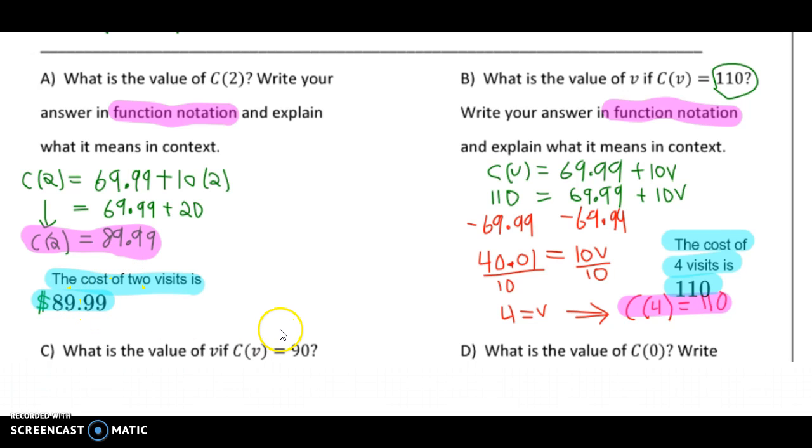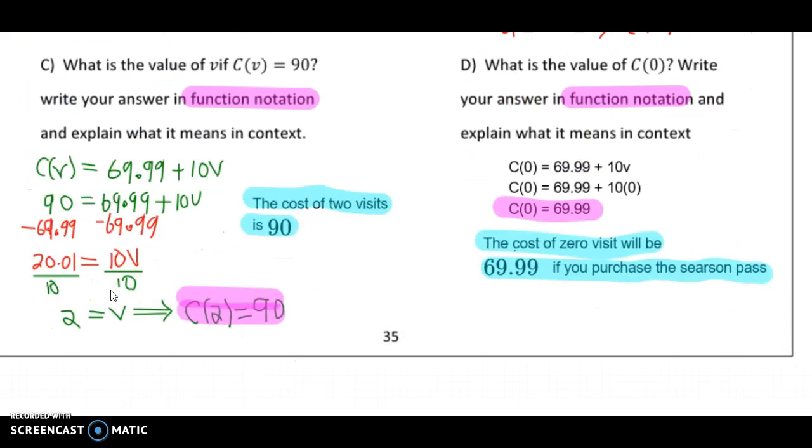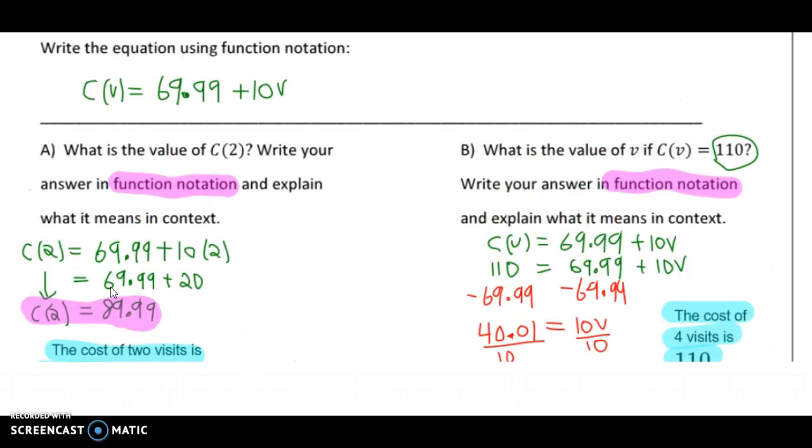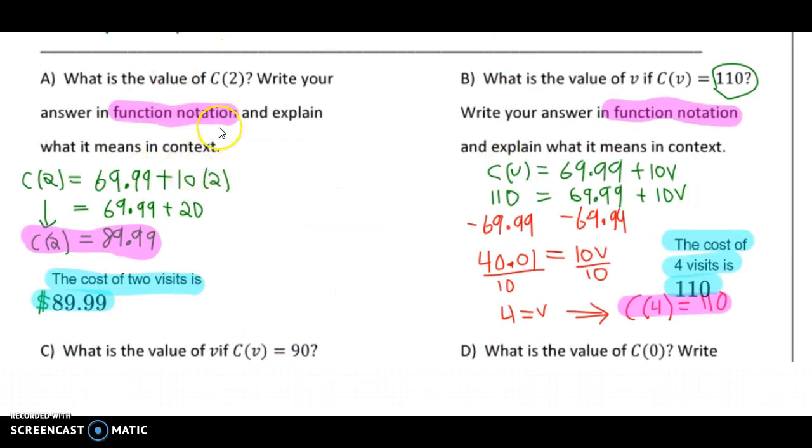We're actually going to round to $90, and looking back, example A and C are actually the same example in different terms. The cost of 2 visits is $89.99, and again the cost of 2 visits is $90, which is only a penny off because of rounding. So we only have 3 different data points.